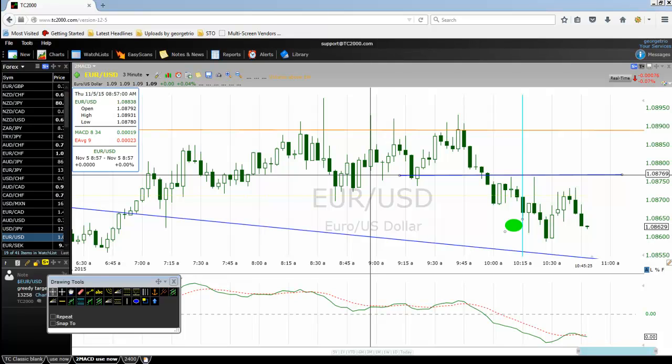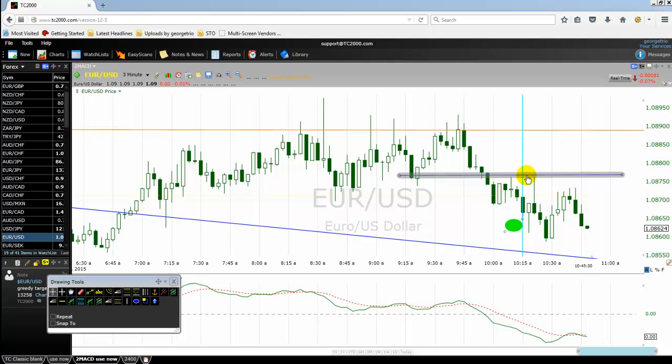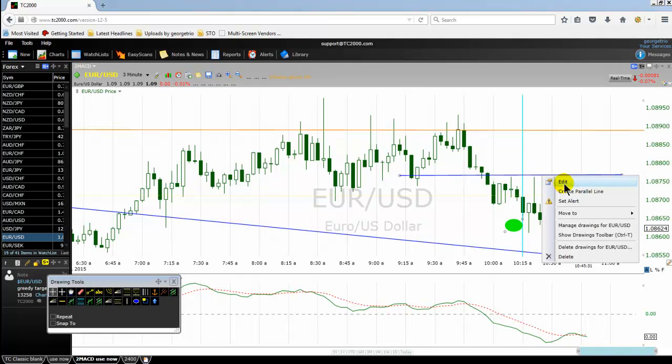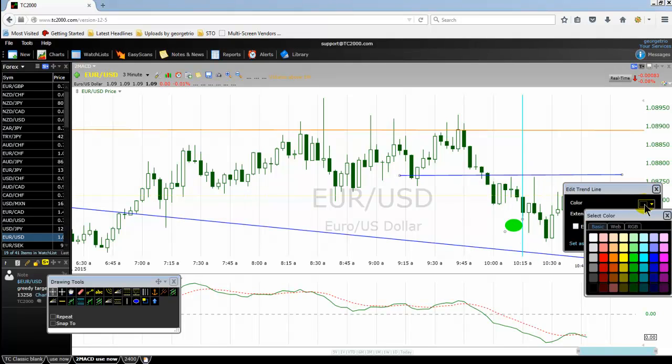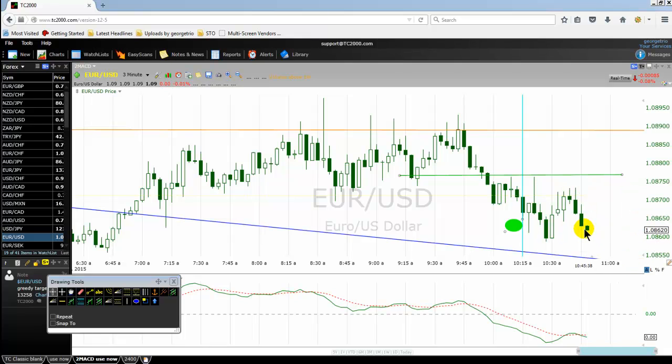That's it, at 10876. This is again a limit order. This order is not yet filled. It will be filled if the euro starts going up and reaches this level. If the order is filled, I'll come back and show you how I'm setting my stop loss.